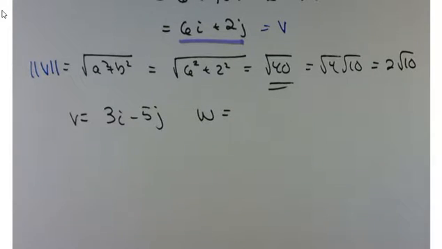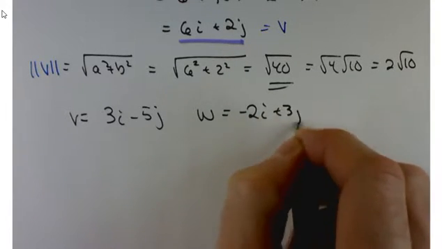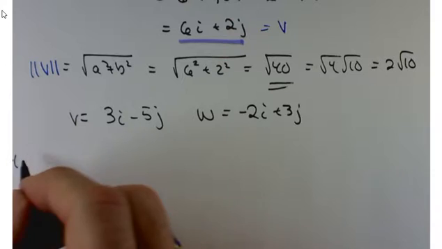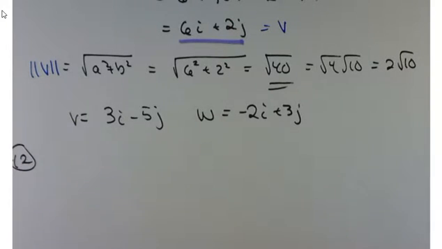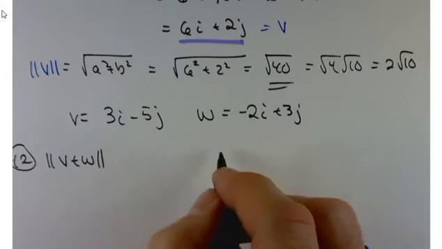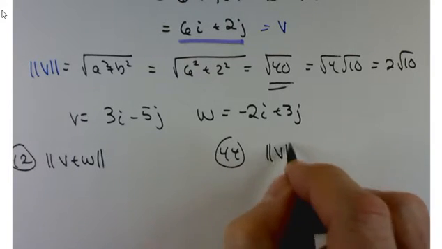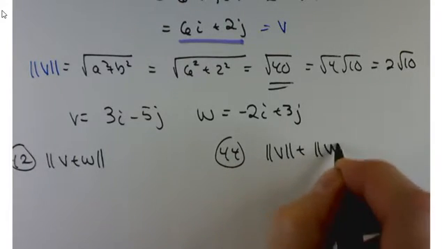And w is going to be negative 2i plus 3j. Problem 42 asks us to calculate the length of v plus w. Problem 44 asks us to calculate the length of v plus the length of w.